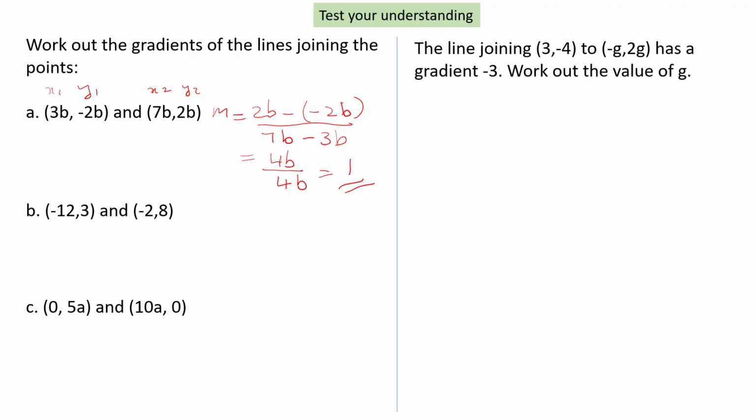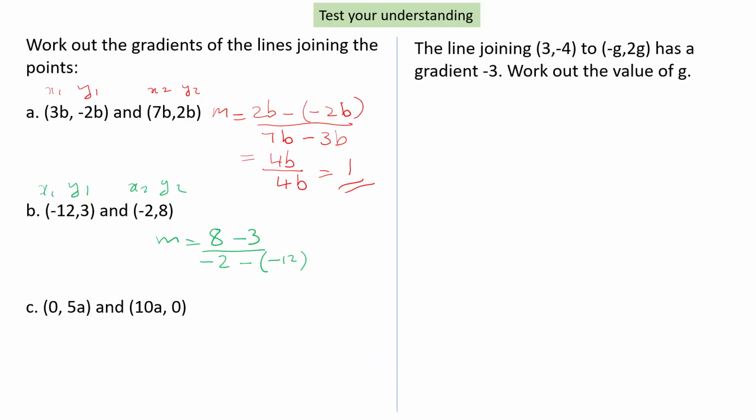Next one is x1, y1, x2, y2. So m equals 8 minus 3 divided by minus 2 minus 12.